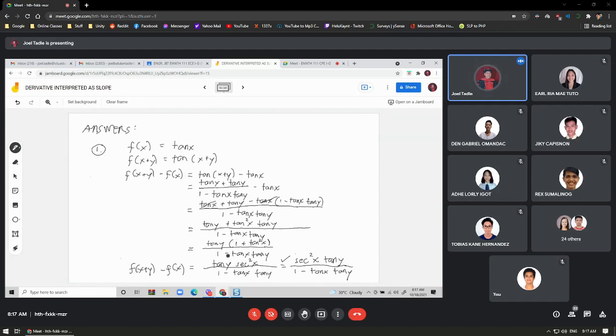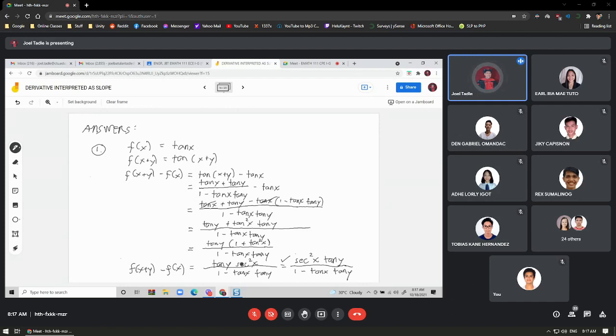So we have this product, tangent y multiplied by the factor 1 plus tangent squared of x, over the LCD. Then substituting the identity of 1 plus tangent squared x, which is equal to secant squared x.